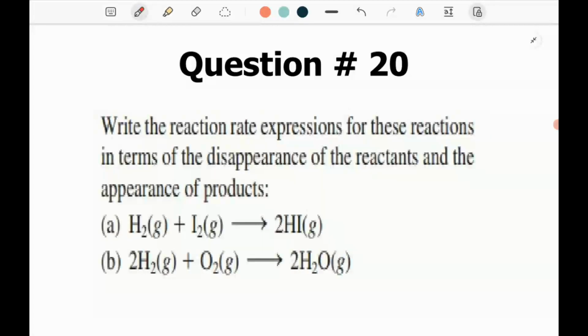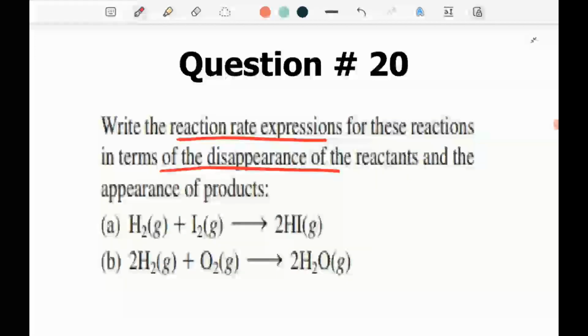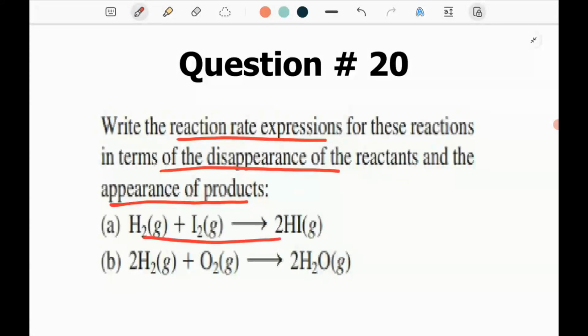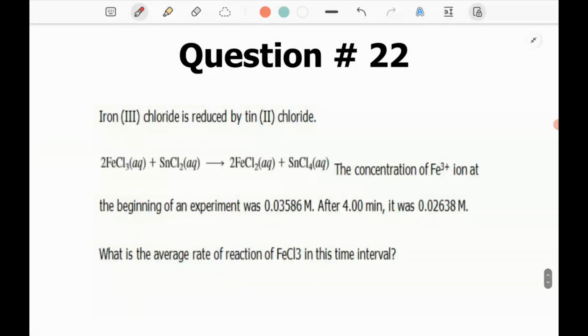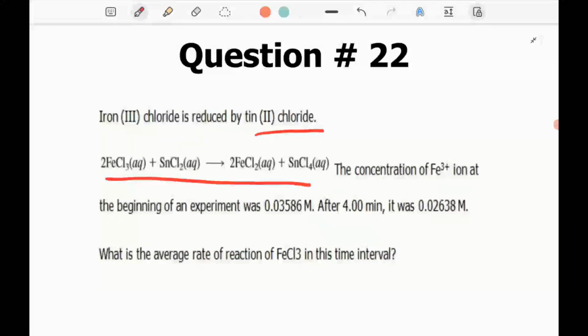Question number 20. Write the reaction rate expressions for the following reactions in terms of disappearance of the reactants as well as appearance of the products for each of these 2 reactions. Iron 3 chloride is reduced by tin 2 chloride as shown here.